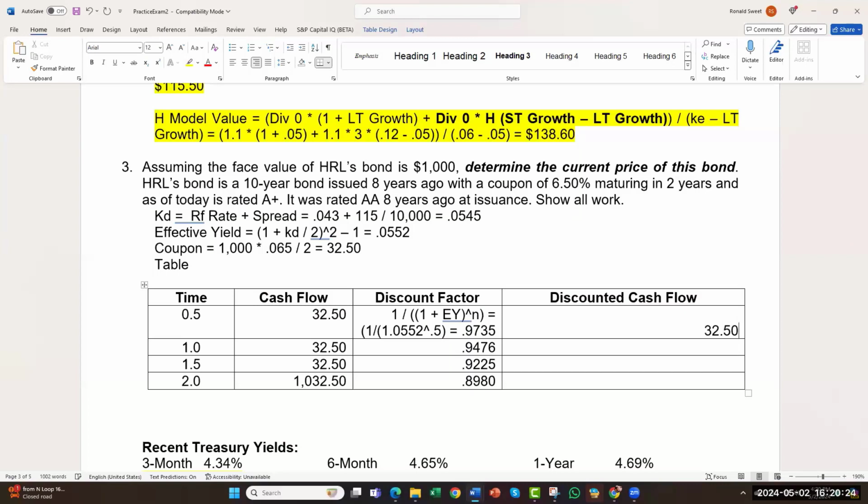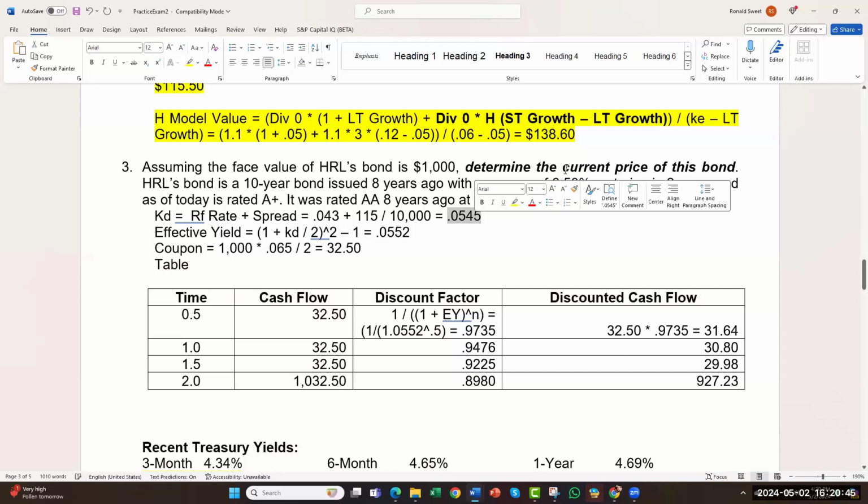And here you just multiply across. So 32.50 times 0.9735, and you're going to get 31.64, 30.80, 29.98, 927.23. You look and say, okay, my discount rate is 5.45%, but my coupon's 6.5%. So this looks like a really good bond. It's paying me 6.5%, and the best I can get is 5.45%. So it should be a premium bond.